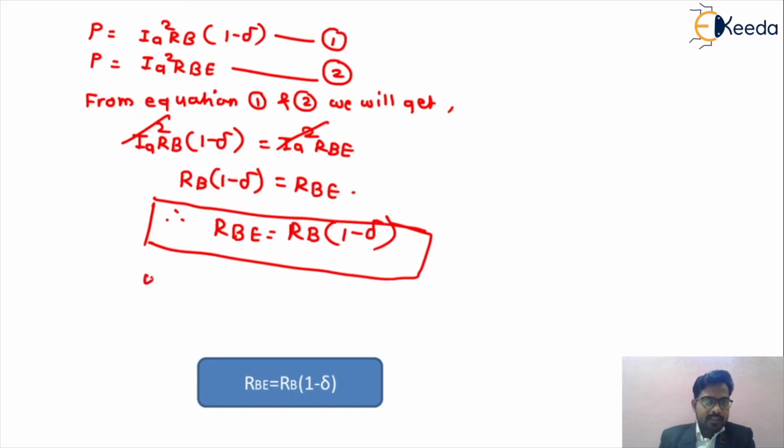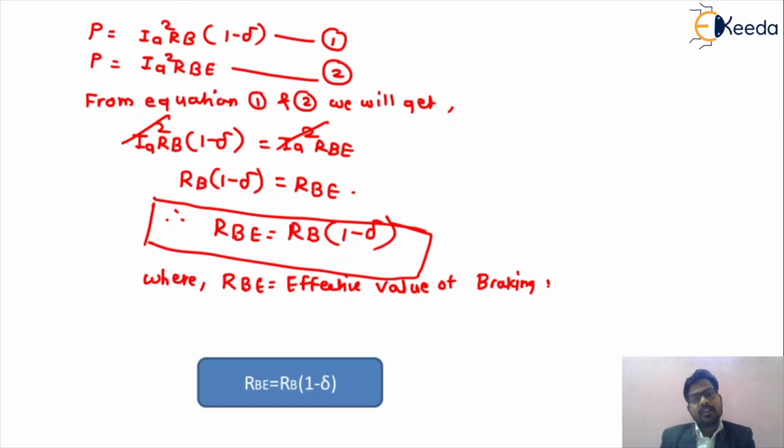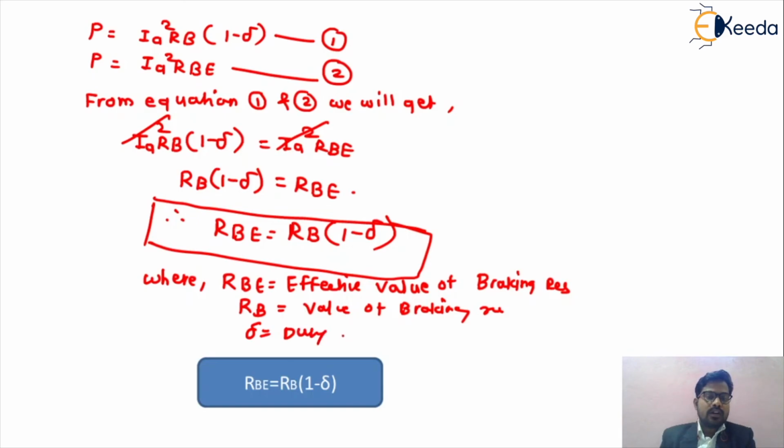Where RBE is called the effective value of braking resistor, RB is called the simple value of braking resistor, and del is called the duty cycle or duty ratio.